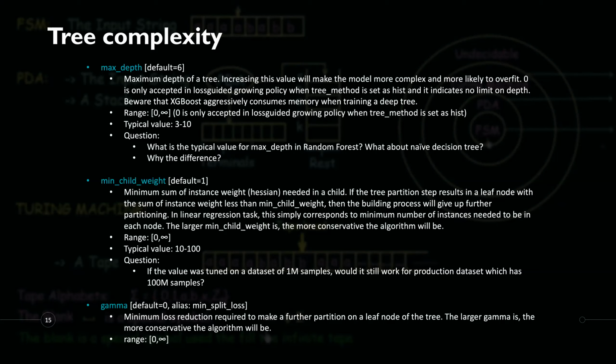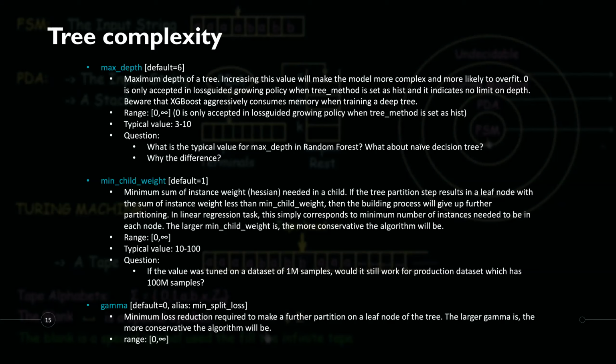This can be proved mathematically, but I don't think we have time to conduct the process. But here's the thing: the biggest benefit of bagging is that we can reduce the variance.